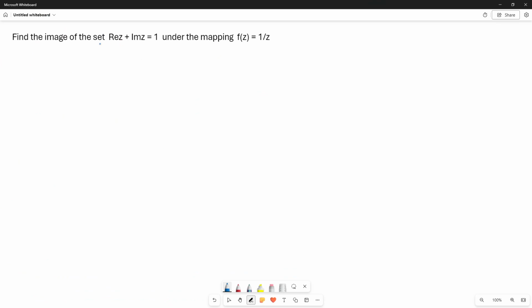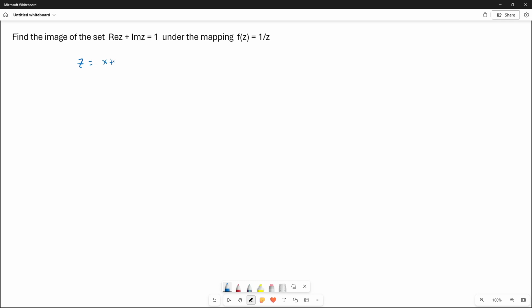We would like to find the image of the line real part of z plus imaginary part of z equals 1 under the reciprocal mapping f of z equals 1 over z. So the variable z is x plus iy. So the real part of z is x, and the imaginary part of z is y.